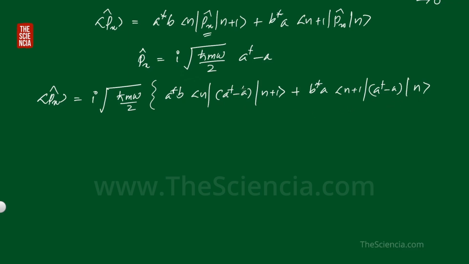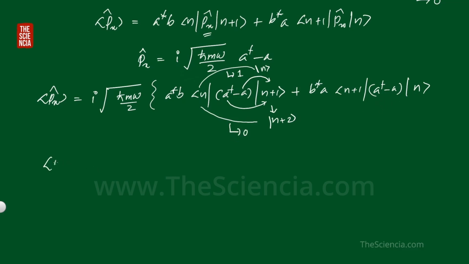So if A operates on this state, that state becomes ket n, right? So this n and n will give a value equal to 1. And if A dagger is operated on this one, then the state becomes n plus 2, right? And when we take the scalar product of these two states, this is equal to 0. Okay, so similarly here also.